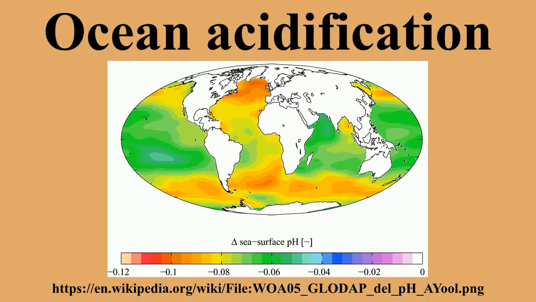A study in 2008 examining a sediment core from the North Atlantic found that while the species composition of coccolithophorids has remained unchanged for the industrial period 1780 to 2004, the calcification of coccoliths has increased by up to 40% during the same time.